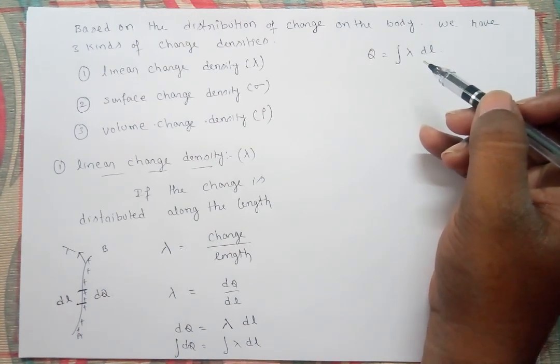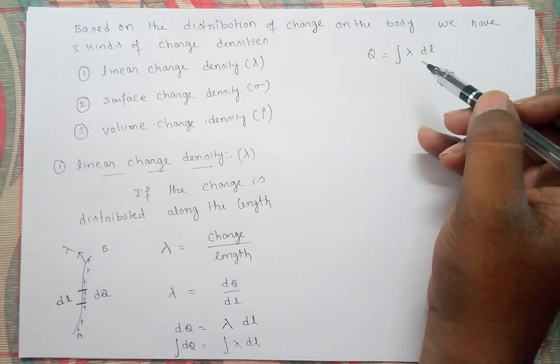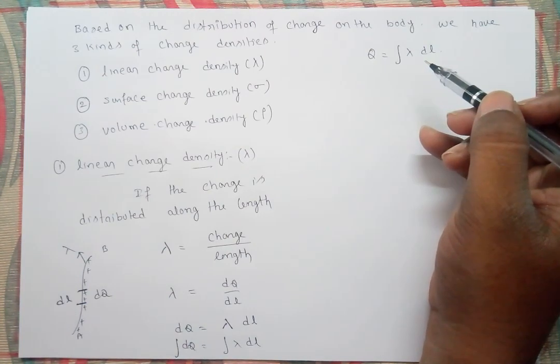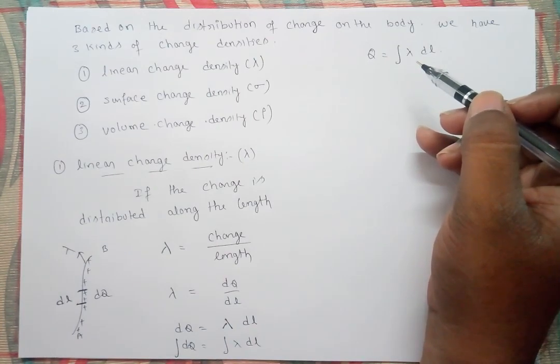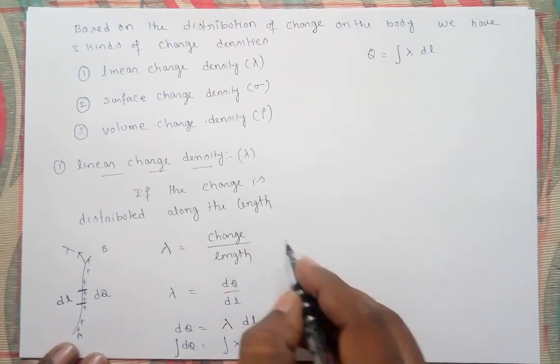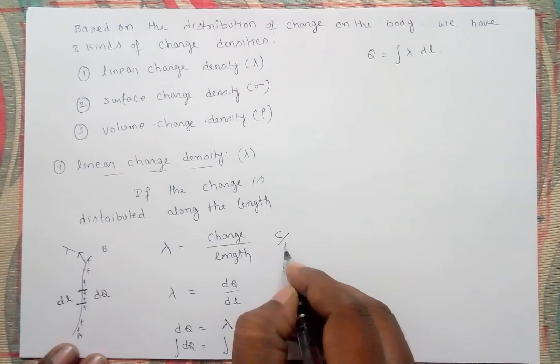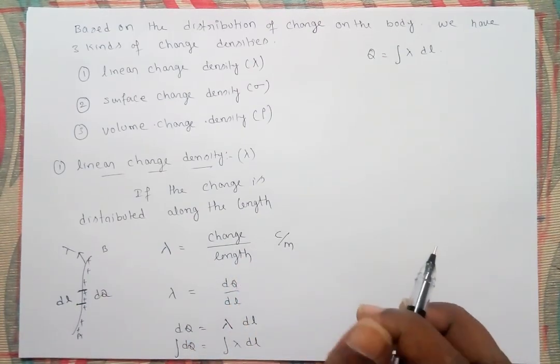If you know the linear charge density of a conductor, the charge equals linear charge density into length. Remember it. The unit of lambda is coulomb per meter, because it is charge by length.